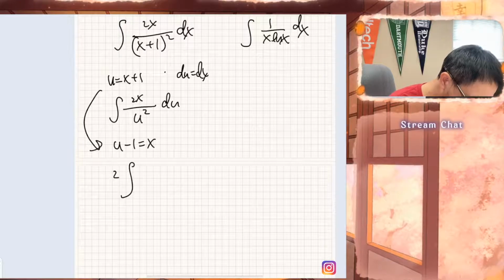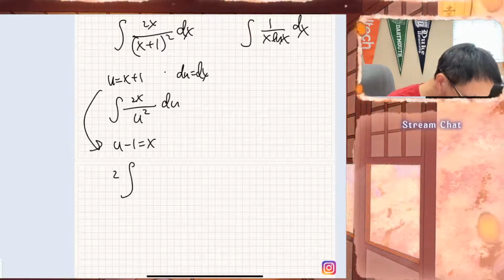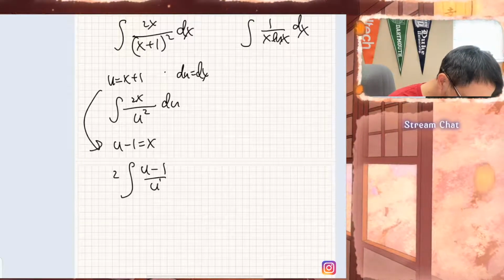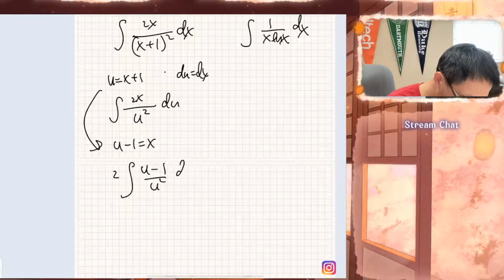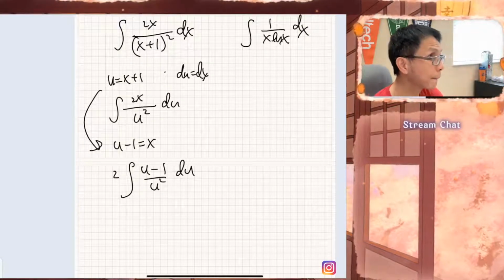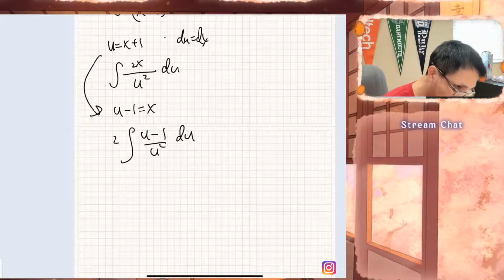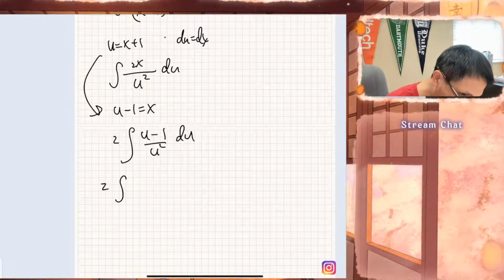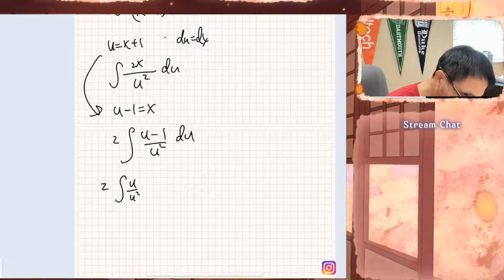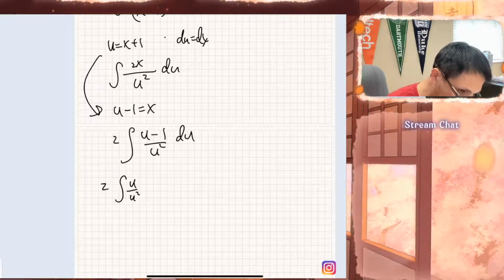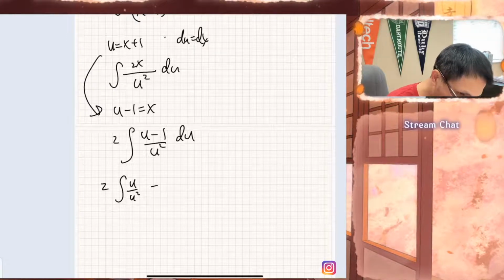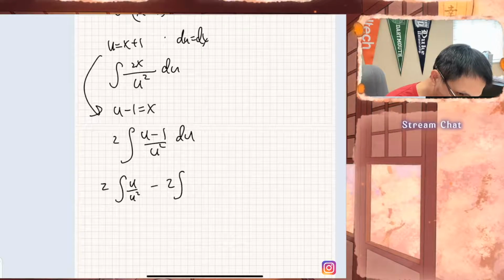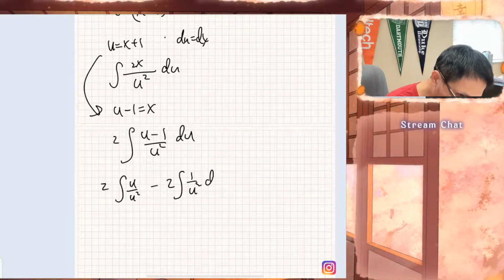So therefore I can take 2 outside. It's going to be 2 times u minus 1 over u squared du. Am I going too fast? Can I split this? u over u squared minus 2 integration of 1 over u squared du.